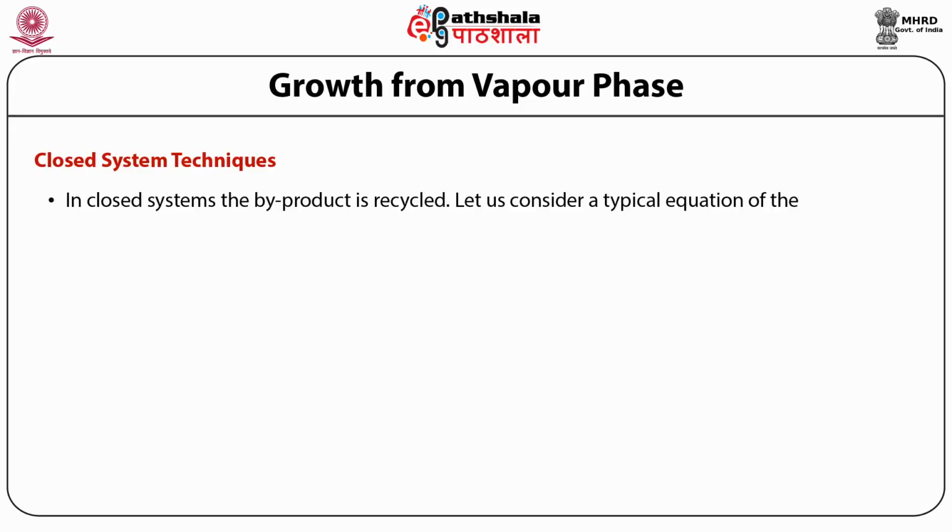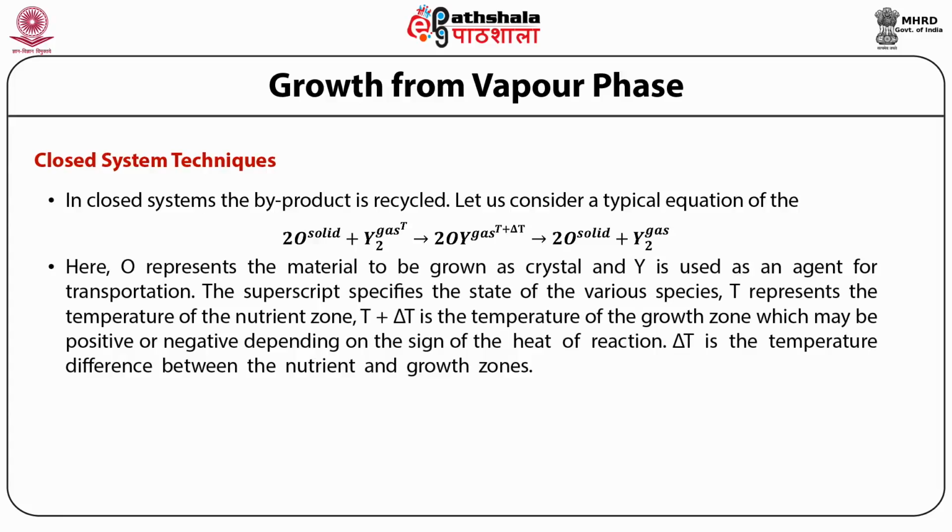Let us consider a typical equation of the type 2O solid plus Y2 in the form of gas leads to 2OY gas at temperature T plus delta T leads to 2O solid plus Y2 in the form of gas. Here O represents the material to be grown as crystal and Y is used as an agent for transportation.